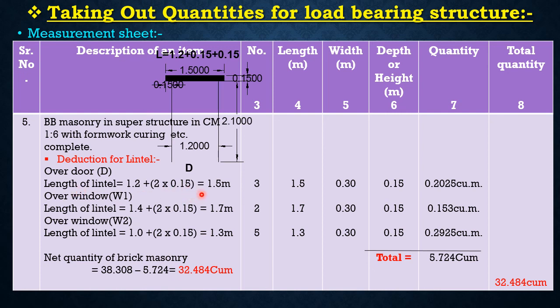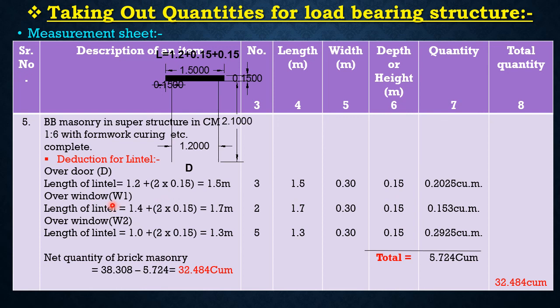Then length of lintel is 1.5 meter over D. Then number of D is 3. Length of lintel 1.5 over D. Width is 0.30 meter and depth of lintel is 0.15 meter. Then multiplying 3, 4, 5, 6, quantity is 0.2025 cubic meter.